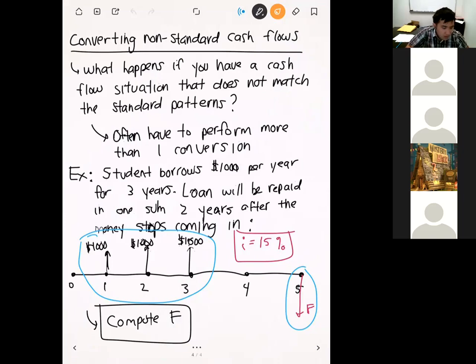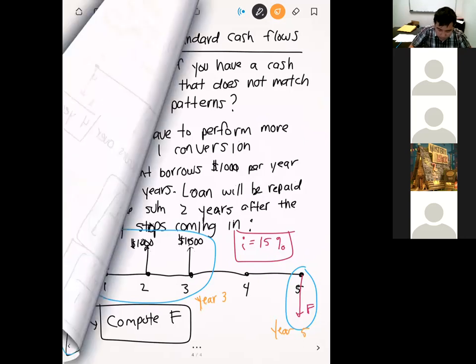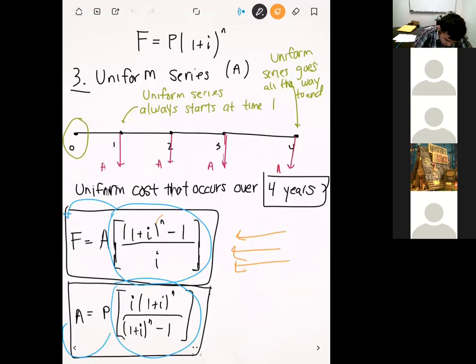Okay. The tricky thing here is that this F occurs in year 5, whereas the uniform series that we have here ends in year 3. And so if we look back at the formula that we can use to convert this, we know that we have to plug in some value for n right there.